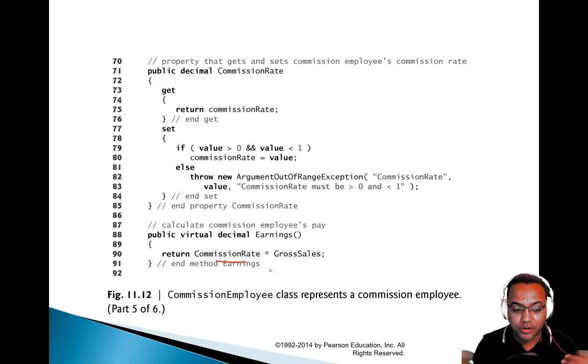You don't want your variables that are private to the class accessible outside of your base class. This allows for the derived implementation to not modify, to a great extent, the private variables within the earnings class or within the commission employee base class. And look, they added virtual to allow for that method to be overridden.